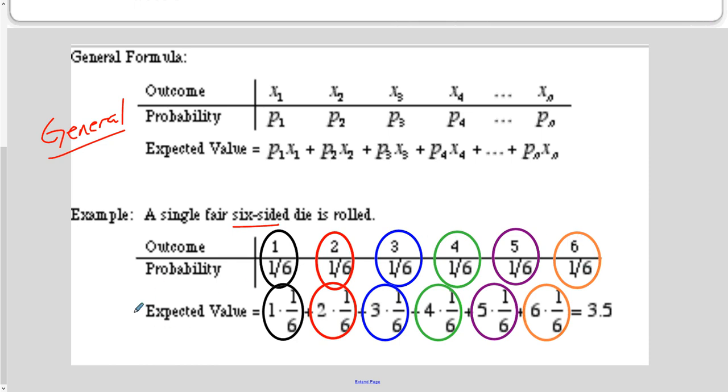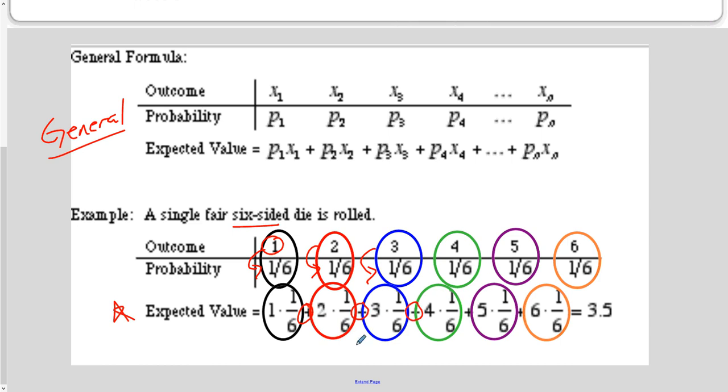The expected value of a die roll is the outcome multiplied by its probability plus the next outcome multiplied by its probability plus the next outcome multiplied by its probability plus, and you just keep doing that.